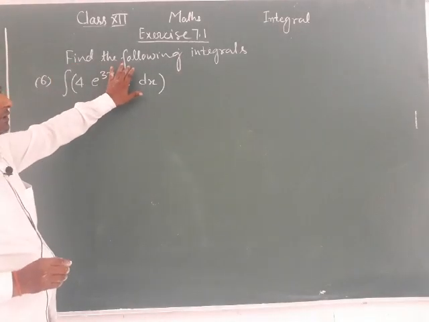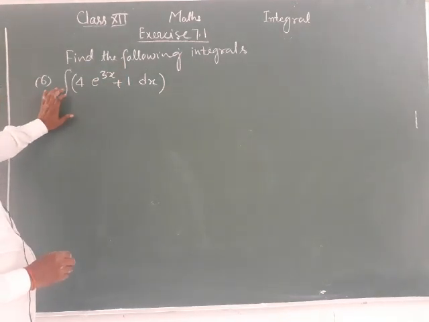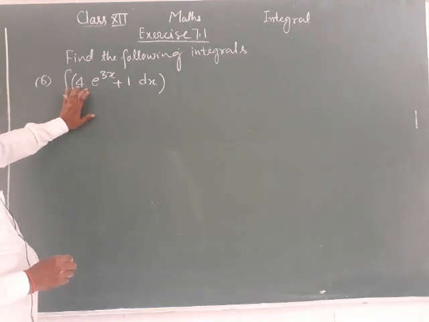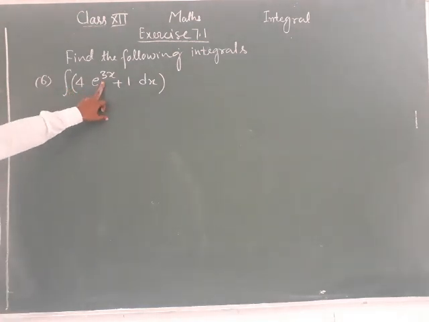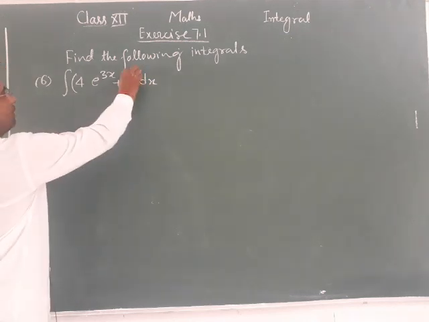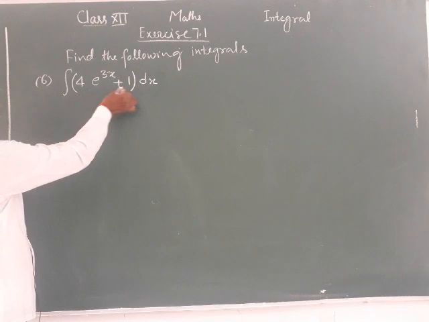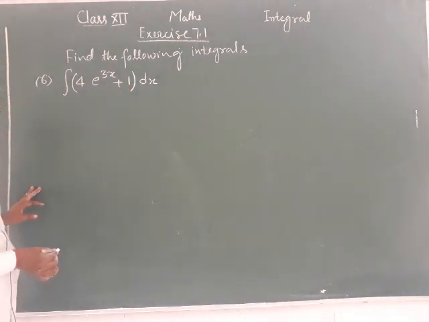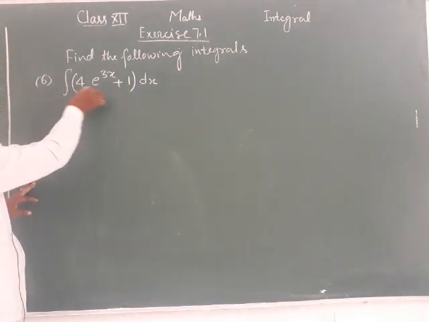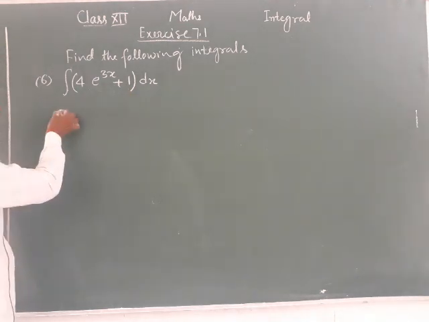Find the following integral. Question number 6. Integral of 4 e to the power 3x plus 1 dx. There are two functions, so integral and dx multiply by each function.